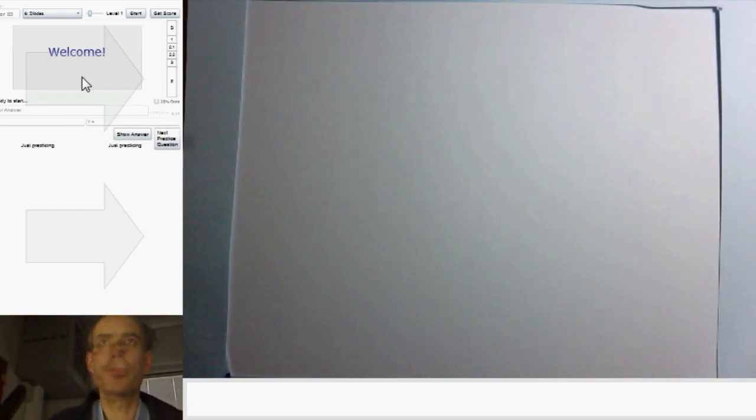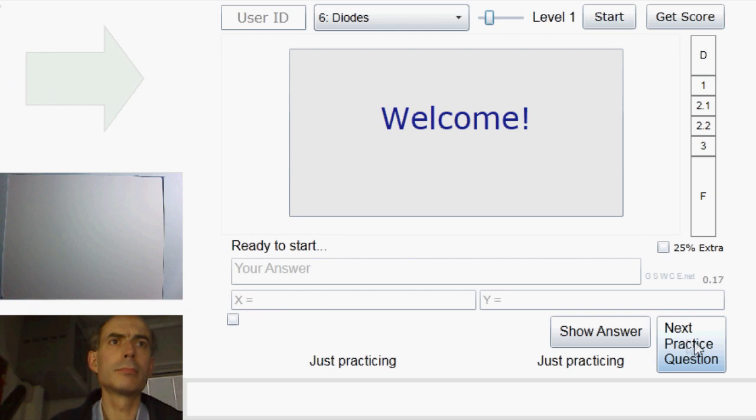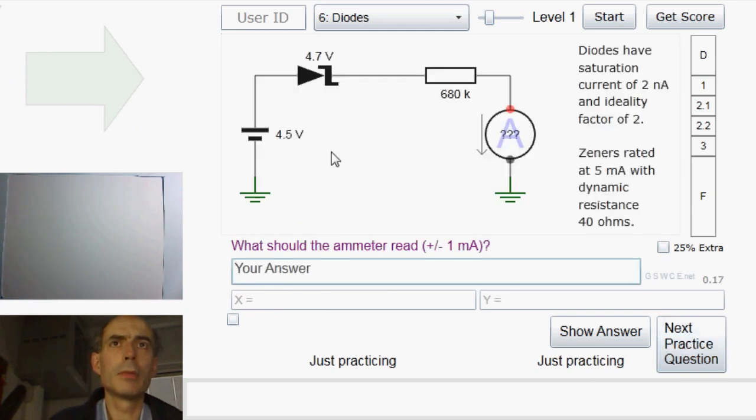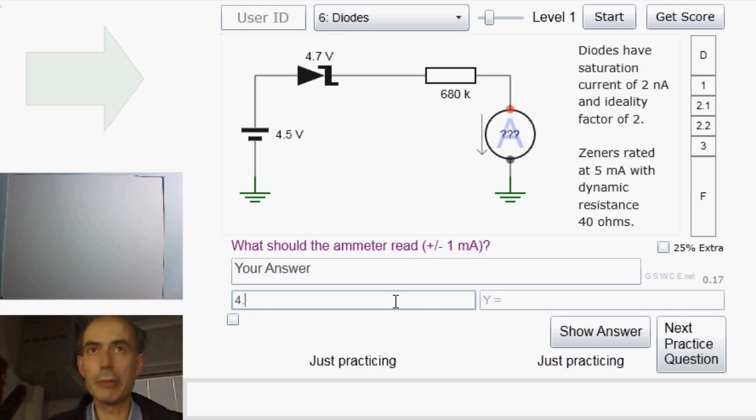Let's try some questions. Here we have a Zener diode, but it's forward biased. So it's going to behave exactly the same way as a normal silicon diode. So we have a 4.5 volt voltage here flowing through a 680k resistor. If we take the 4.5 volts and divide by 680k, that's going to give us the maximum current.